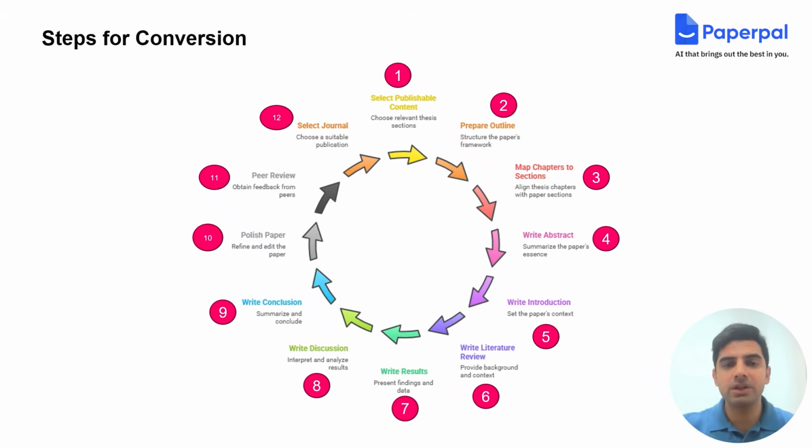The first one is selecting the publishable content: what are the parts in your thesis that you can pick and convert into a research paper? Then the second one is preparing an outline, then mapping chapters to different sections of a research paper, then writing the abstract, introduction, literature review, results, discussion, and conclusion.